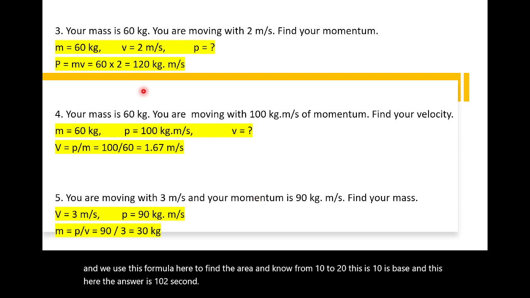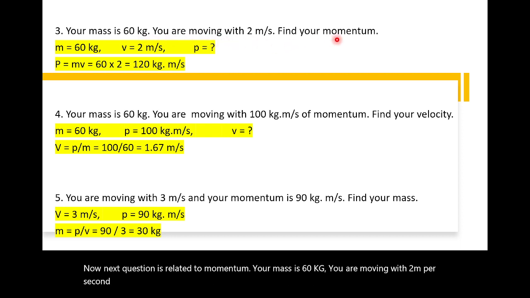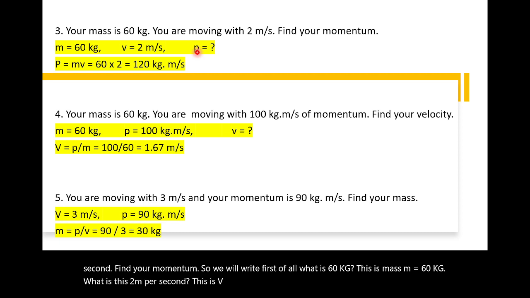Now next question is related to momentum. Your mass is 60 kg, you are moving with 2 meter per second, find your momentum. So we will write first of all what is 60 kg. This is mass m equals 60 kg. What is this 2 meter per second? This is v, velocity, equals 2 meter per second. What we want, find your momentum. We need momentum.